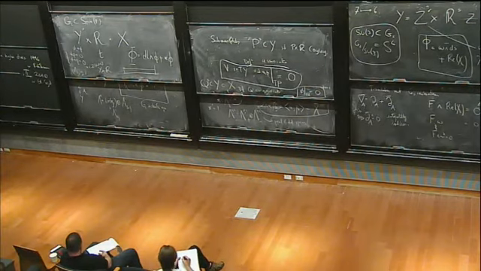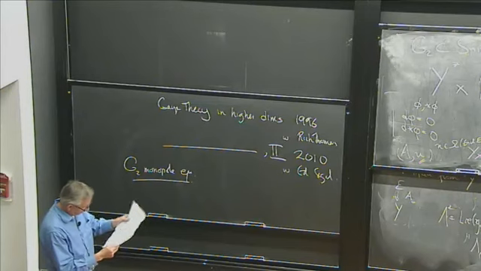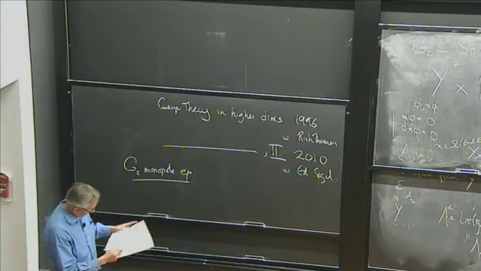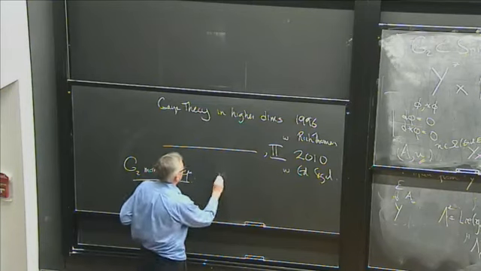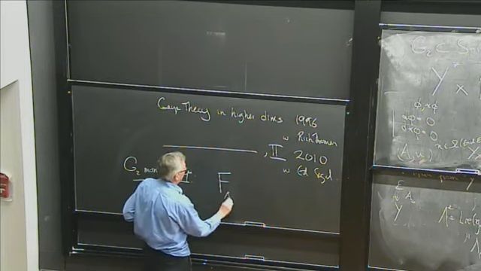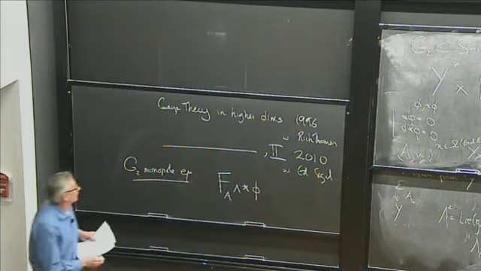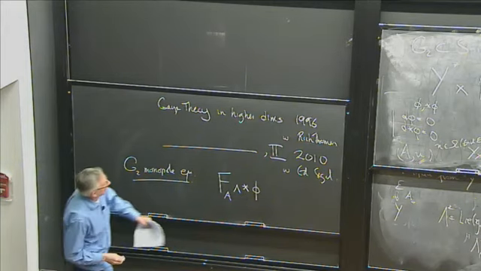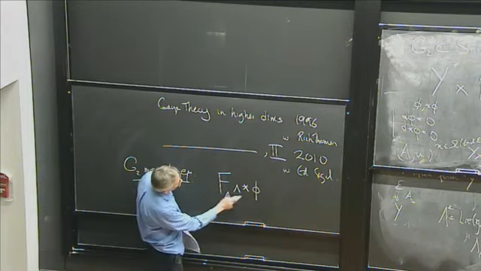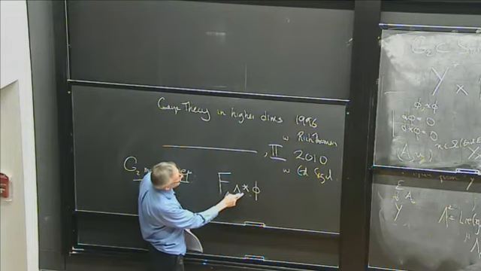So we take the same thing: F_A wedge star phi. This is a bundle-valued 6-form.